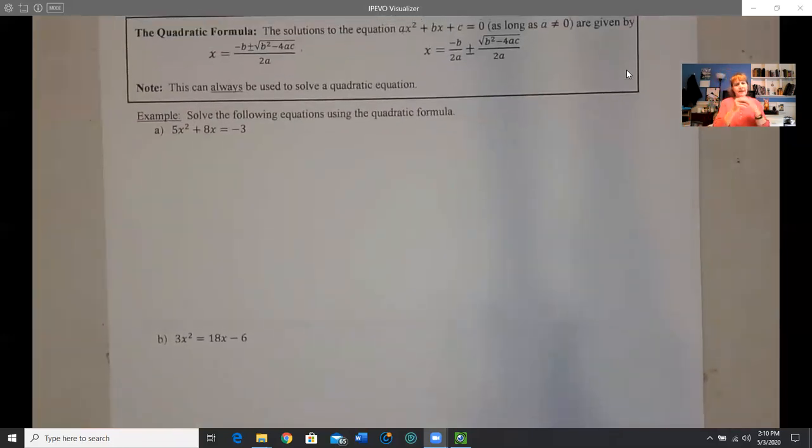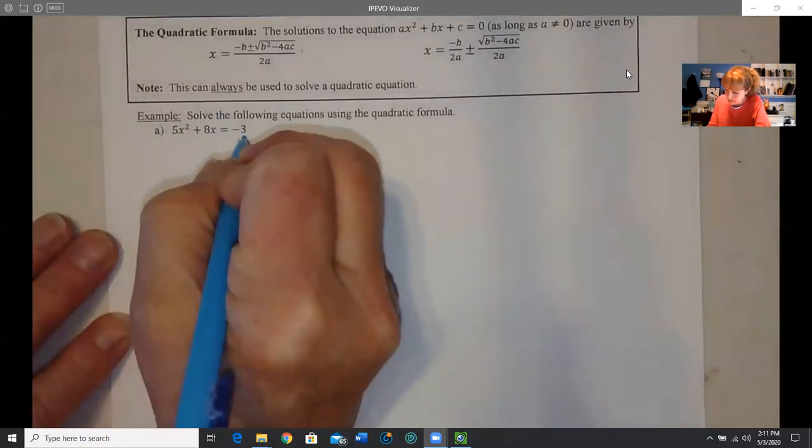Now, this is not like completing the square. When you're using the quadratic formula, you're back to getting a 0 on one side, instead of completing the square where we would move the number over. So here we do have to bring that -3 over to the left-hand side to be with the 5x squared and the 8x. So I'm going to add 3 to both sides.